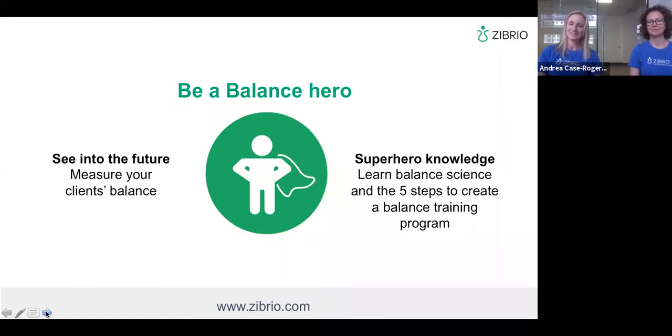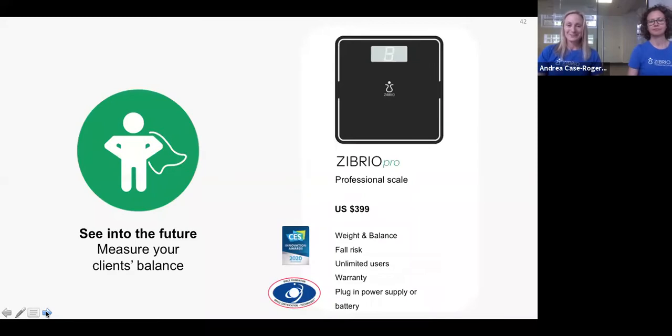And the second is to have that superhero knowledge base. So seeing in the future, what do we mean by that? Well, if you think back to that image before of being blindfolded, if you can't see what's going to happen, then it's hard for you to then actually take action. So for you to be a hero and help your clients, you need to know what's coming so that you can prevent it and prepare them accordingly so that they get a different trajectory.